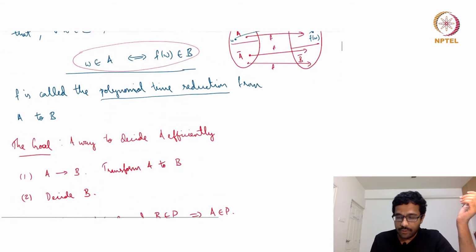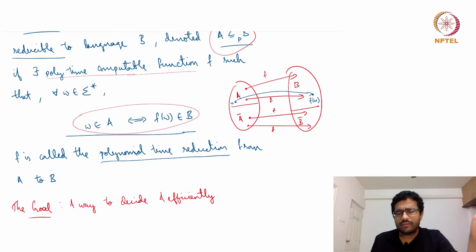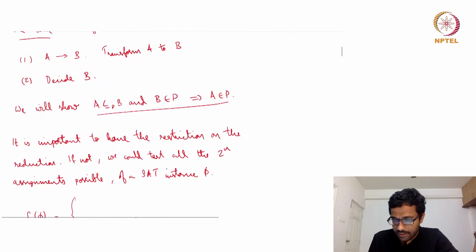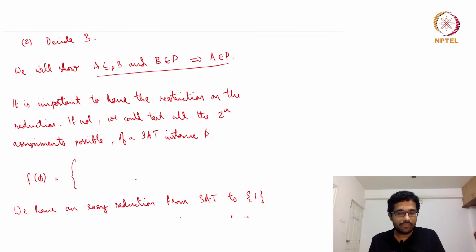You may ask, why restrict the reduction to be a polynomial time computable function? Why not just transform A to B and then solve B? What is the problem if the transformation is difficult to compute? The point is that then it may be possible to do the bulk of the work in the transformation, and that is not good, because it does not give you an idea of the difficulty level of A. The goal here is to understand the difficulty of different problems and compare them with each other.